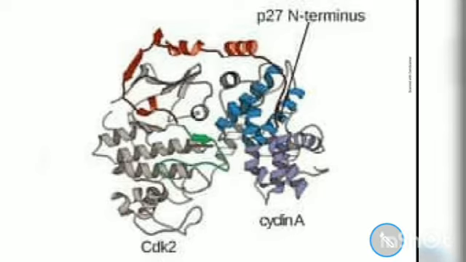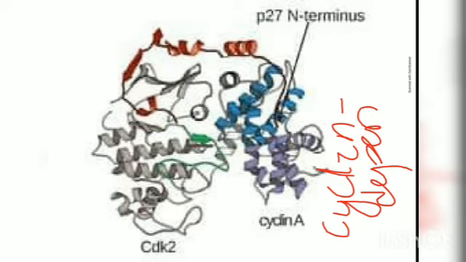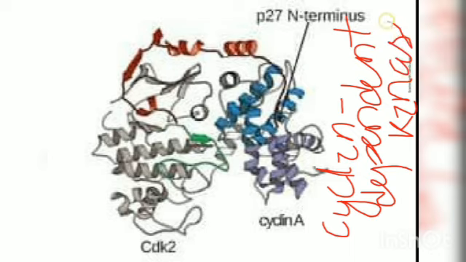CDK stands for cyclin dependent kinase, which is one type of protein breaking enzyme, and it depends upon cyclin.